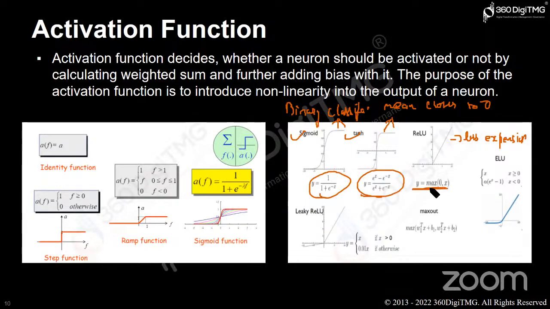Then you have the softmax function. Softmax is used for classification. You have leaky ReLU. That is a variation of the ReLU function. So these are the different kinds of activation functions that you can use.